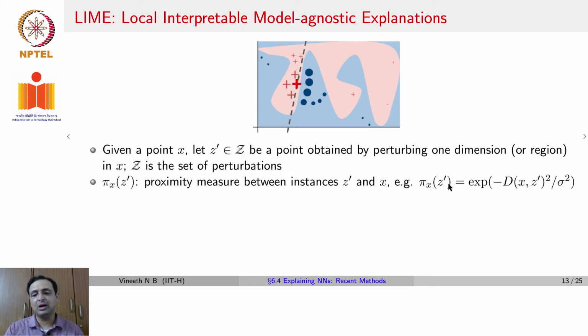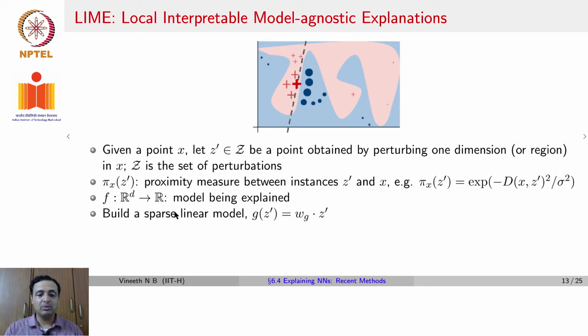This could be a distance metric such as an inverse exponential distance metric. You could have an exponent of minus D of x, z prime, whole square, where D is a squared distance, divided by some sigma square, which can be predefined by a given user. f is again the model being explained.